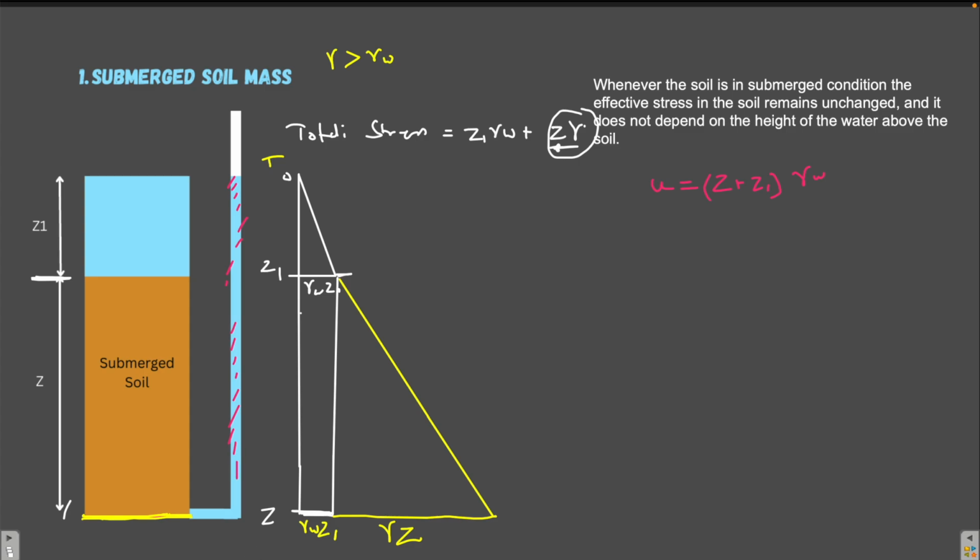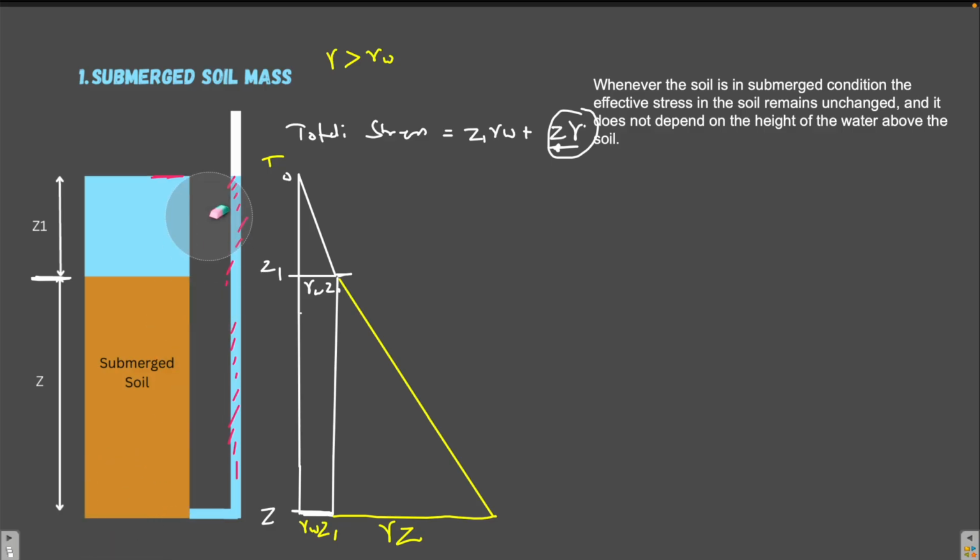So you can see here, as the depth is increasing, the pore water pressure is increasing. The pore water pressure is 0 on the top, that is, it is atmospheric on the top, and at the bottom it is Z plus Z1 into gamma W.